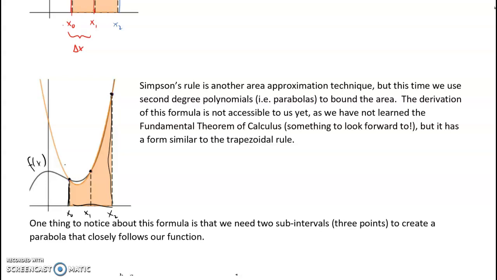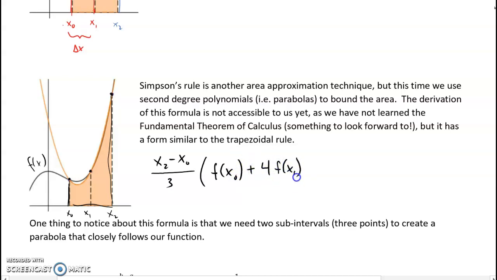But it works out that the formula for this orange shaded region here is b minus a. Well, we don't have b's and a's here. I guess I'll use x2 minus x0 divided by 3 times f of x0 plus 4 times f of x1 plus f of x2.